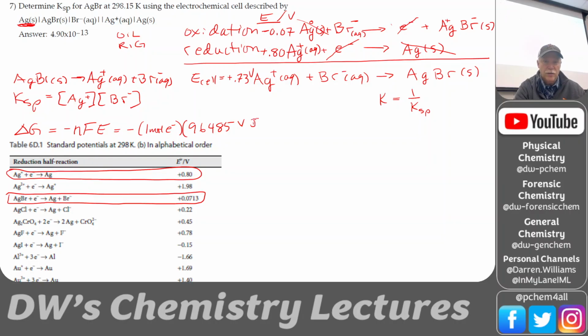Is that correct? So the mole of electrons is gone, and the volts will be canceled. No, is it joules per mole volt? We have to cancel the volts, so the volts is in the denominator. And then we have the plus 0.73 volts.